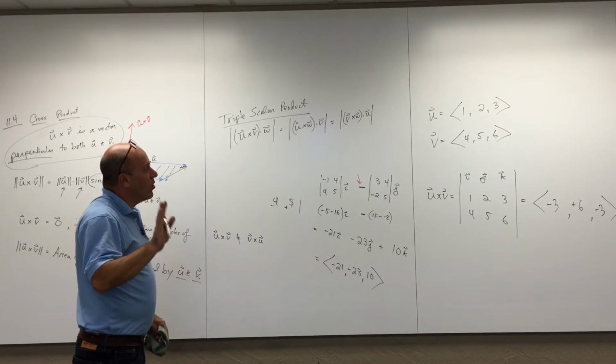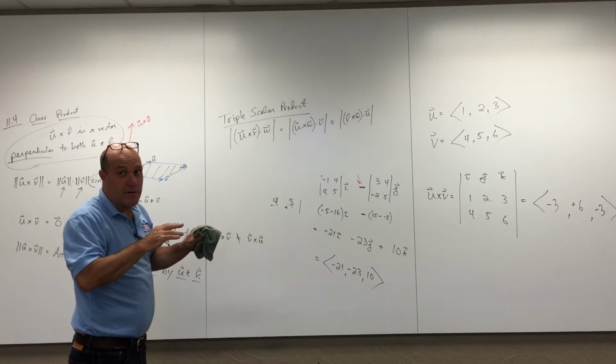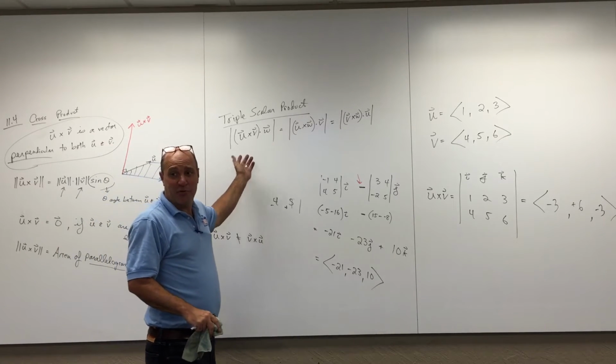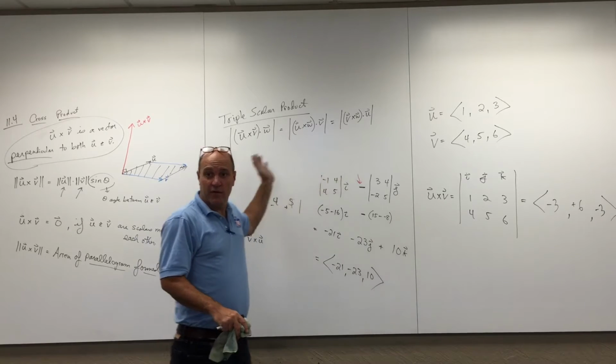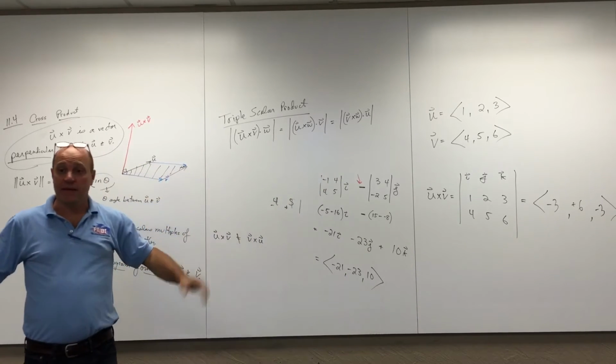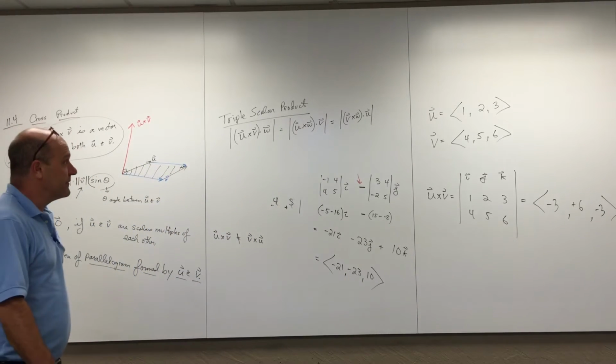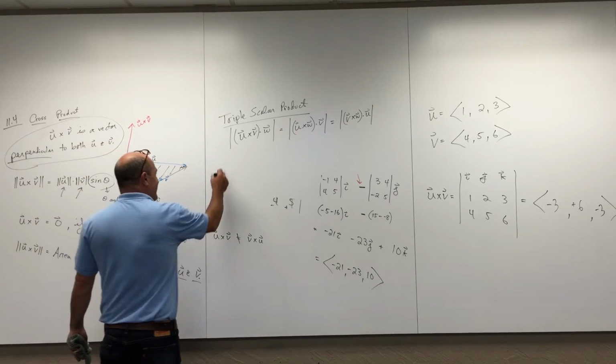Okay, but it's not always all the same, right? Without absolute value, one of them might be 28, the other one might be negative 28. But with absolute value, they're all the same. They're all 28 or whatever number it is. And here's what they are. This is funny.